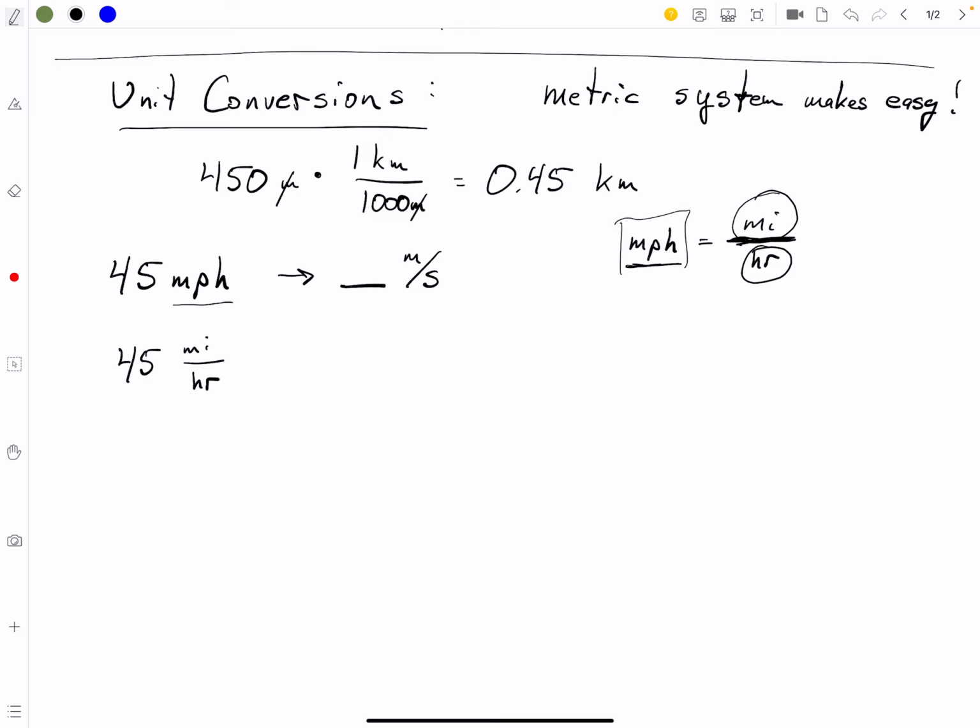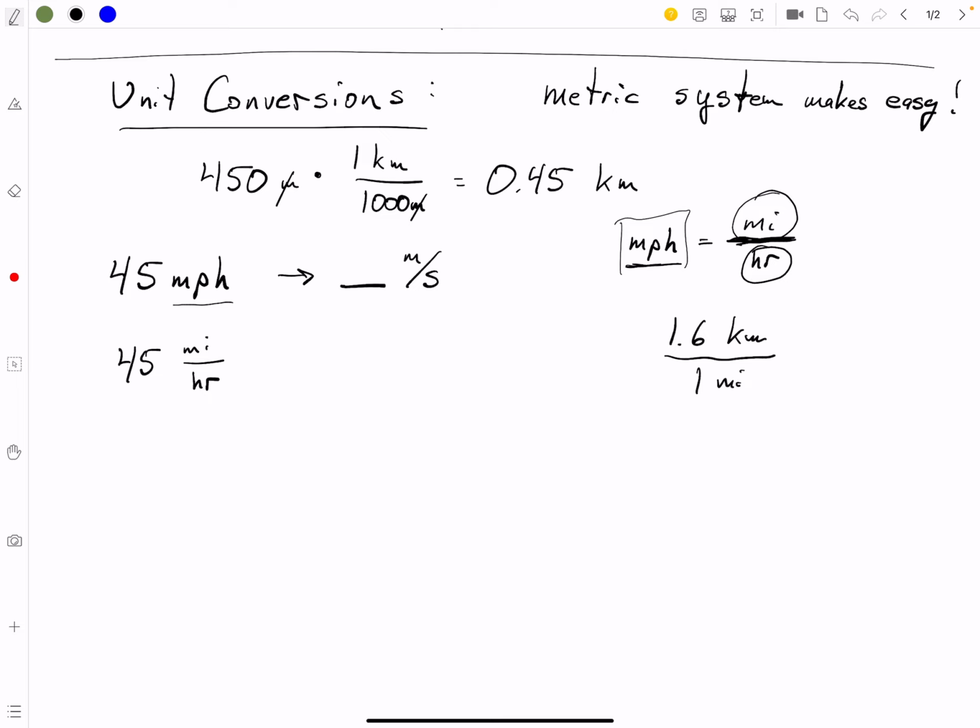And we need to know a few things, right? How many miles in a kilometer, for instance, or vice versa. So let's come over here and write 1.6 kilometers per 1 mile. Okay, what's another conversion that we might want to know?